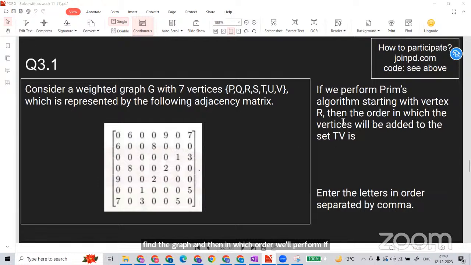If we perform Prim's algorithm with the R vertex, what is the order in which the vertices will be added to the set TV? So all of you please try this.